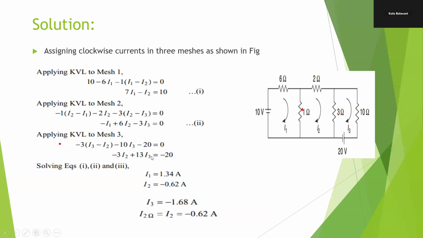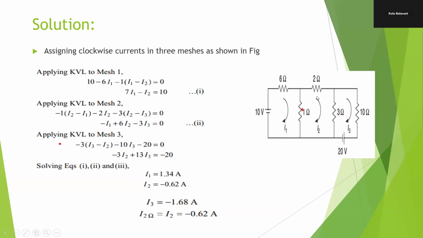This is the KVL for the third loop. Finally, by solving those three equations, we can determine the three unknown values, I1, I2, and I3. Our aim is to find the current passing through the 2 ohm resistor, and that current is nothing but the I2 current.